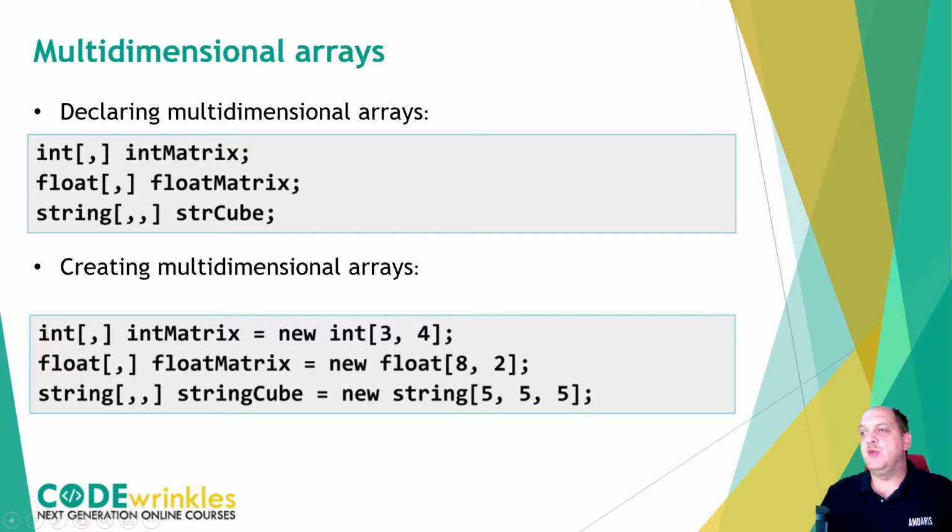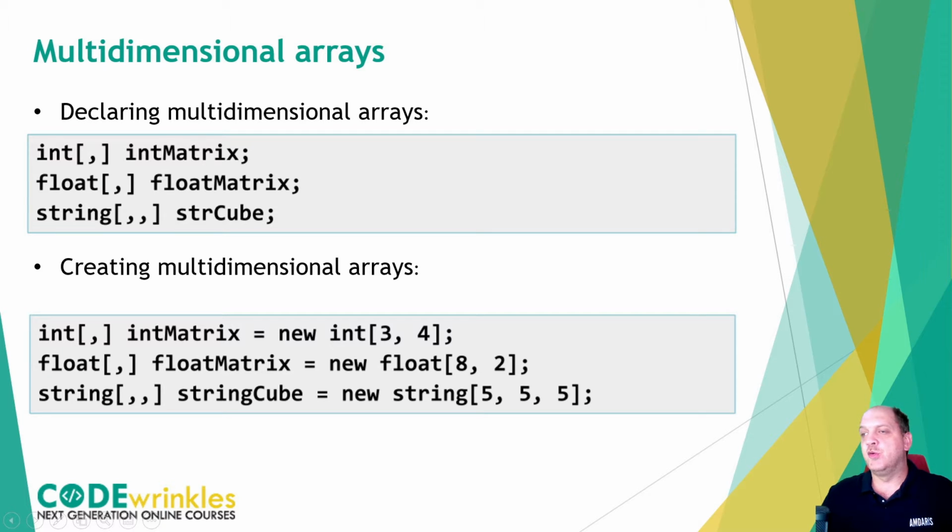So in this case, we say that we want a new two-dimensional array of integers, where the first dimension, so the first array, would be 3 elements long, and the second dimension, so the second element of this array, is 4 elements long.